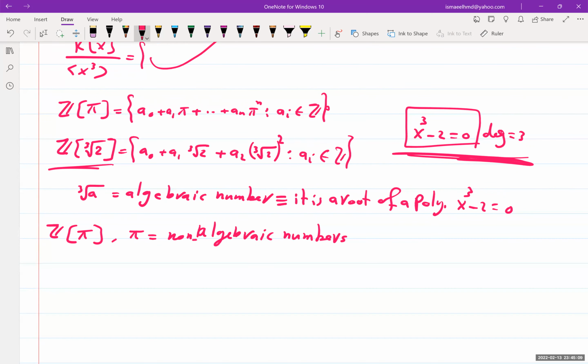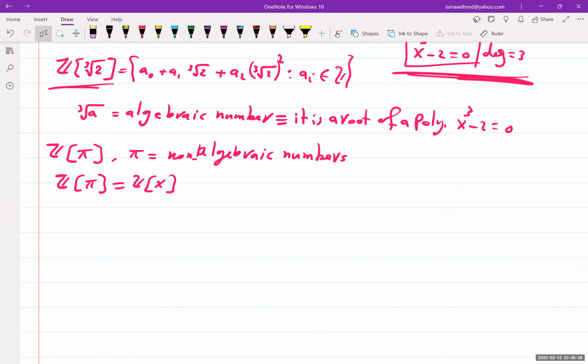So Z of pi is the same as Z of x. X is indeterminate over Z, and pi is indeterminate over Z. So they are the same.